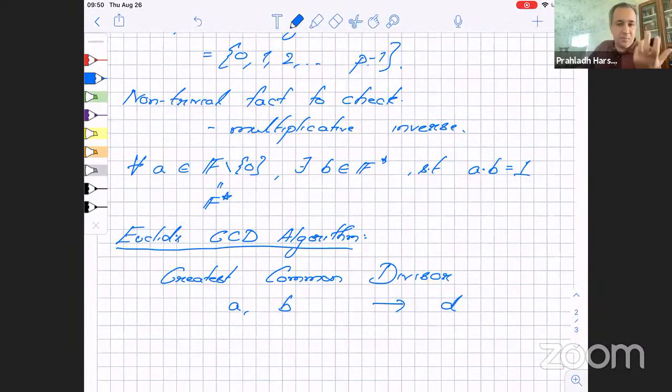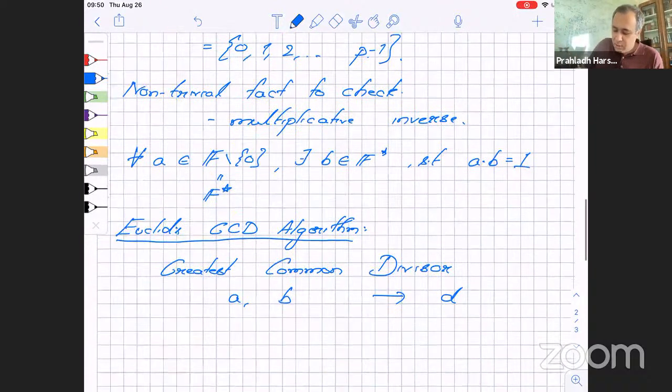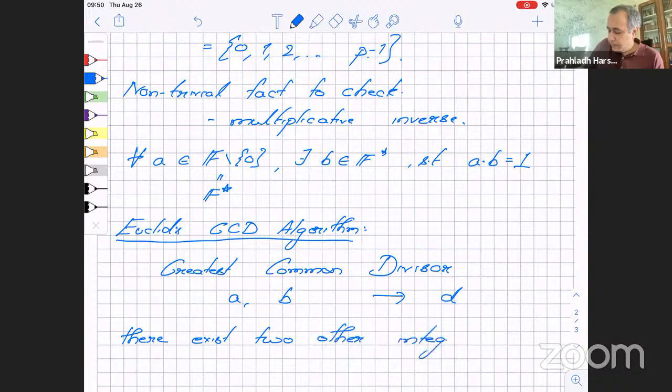It's a remarkable algorithm dating as far back as Euclid's time, stating that if you give me two integers a and b, you can find the greatest common divisor. There's a polynomial time algorithm that actually computes the greatest common divisor. Not only can you do that, there exist two other integers m and n such that am plus bn equals d.